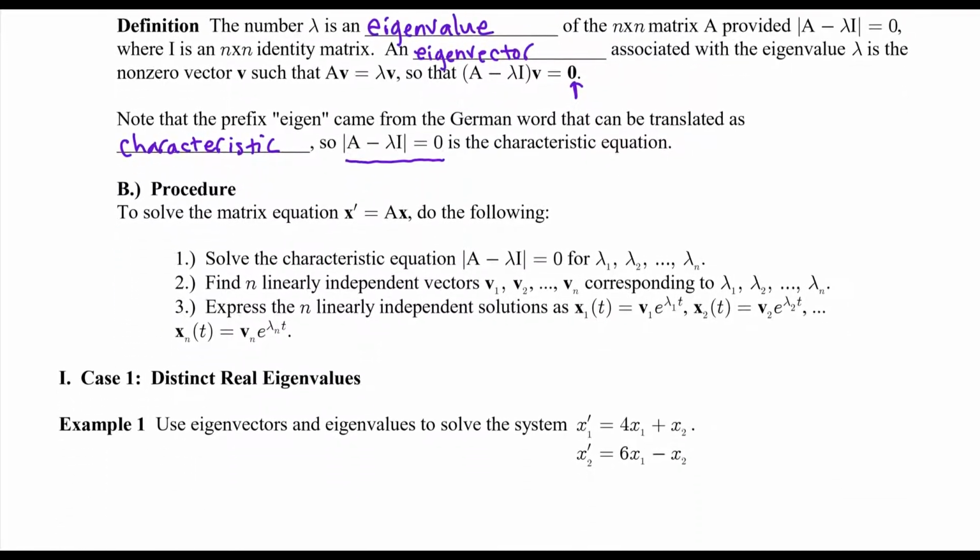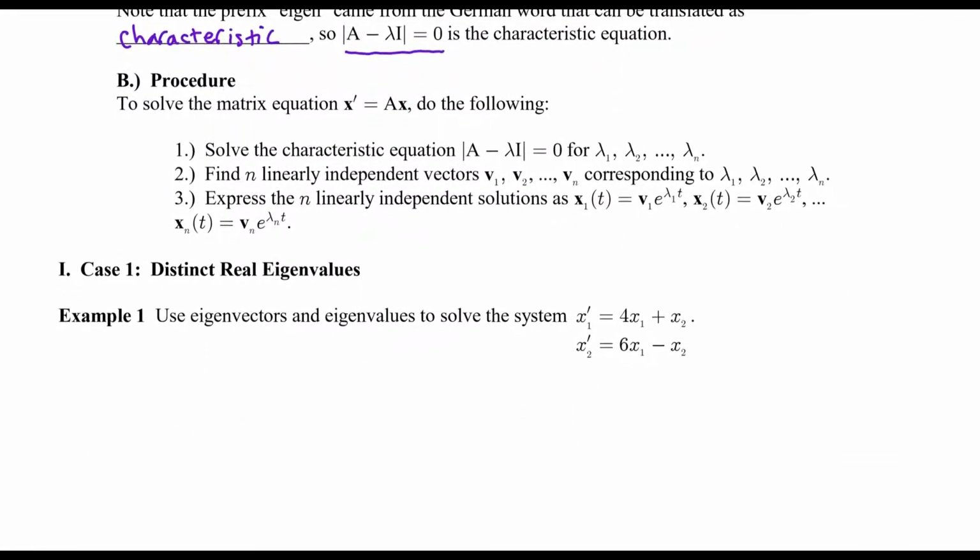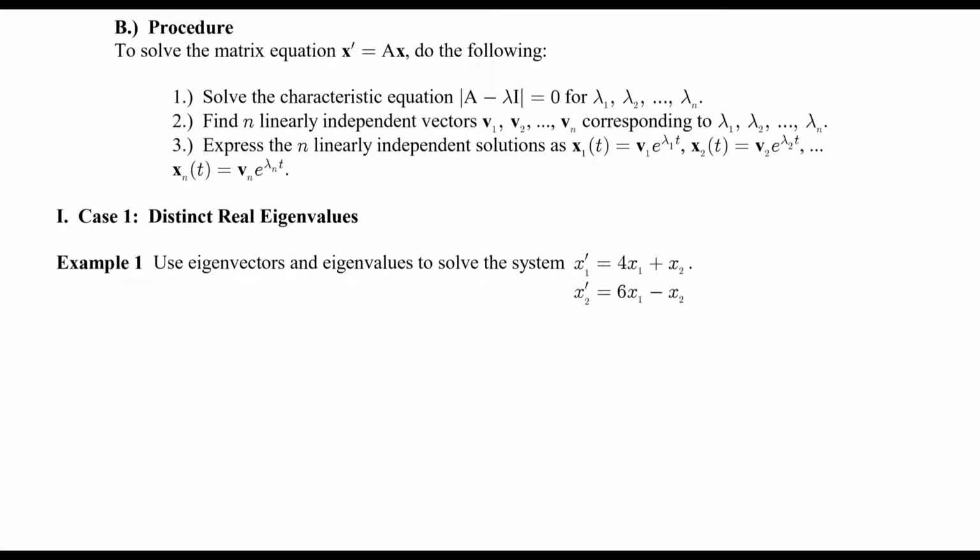So let's apply this procedure to actually solving a problem. To solve the matrix equation x prime equals Ax, do the following. Number one, find the solutions to the characteristic equation. The characteristic equation is the determinant of A minus lambda I equals 0, and we're going to get any number of eigenvalues. Two, find n linearly independent vectors, v sub 1, v sub 2, up to v sub n, corresponding to each eigenvalue.